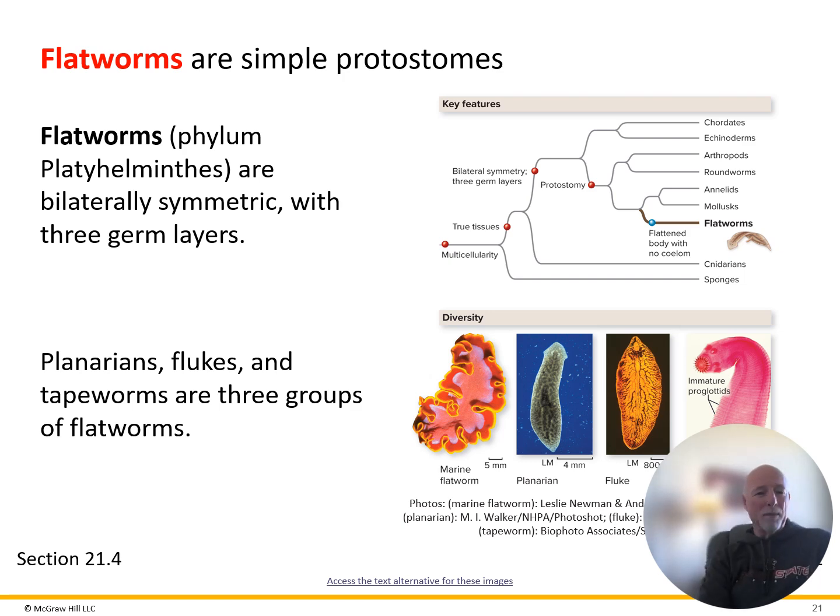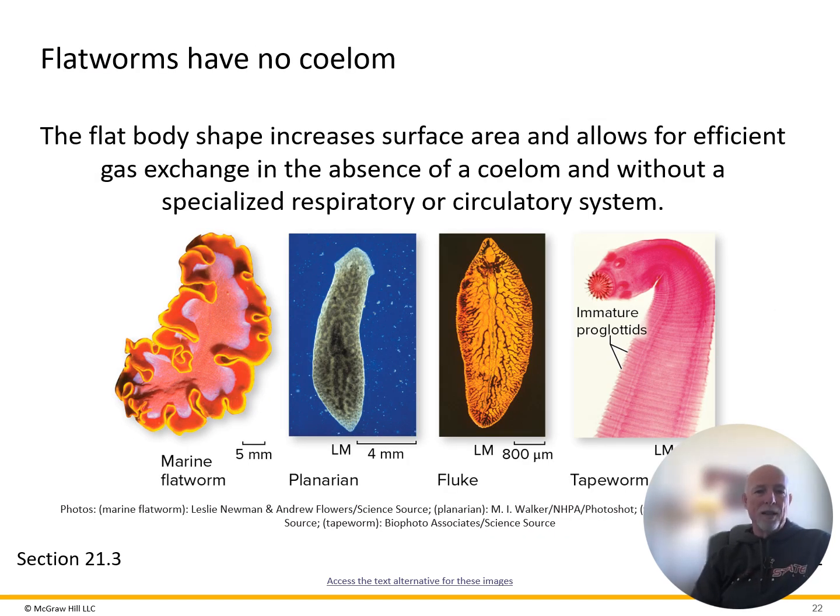Some of these are extremely parasitic to humans, especially in third world countries. They don't have an internal coelom. They do have multiple branches of their internal cavities for their digestion, but they don't have an internal cavity like what we're going to see here in some of the other groups. But notice here in the tapeworm, there's different kinds of tapeworms.